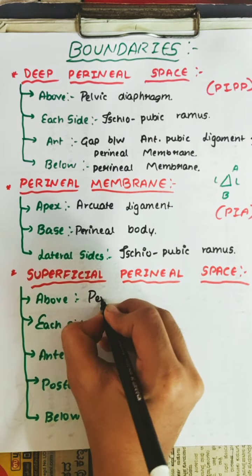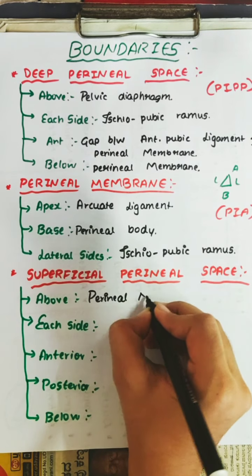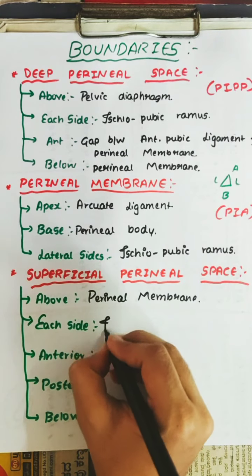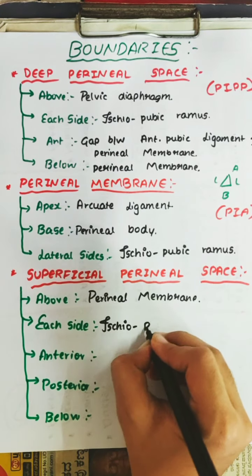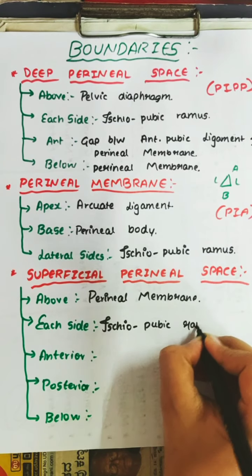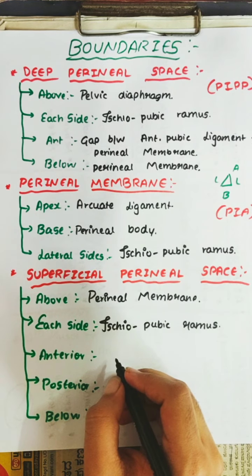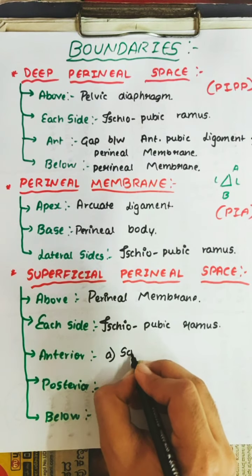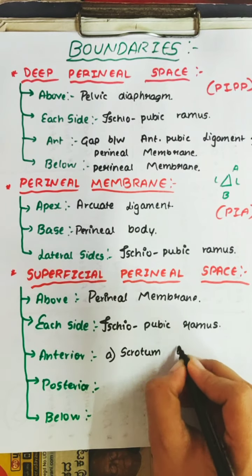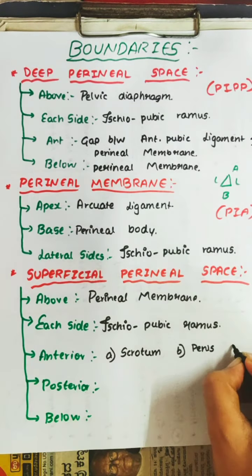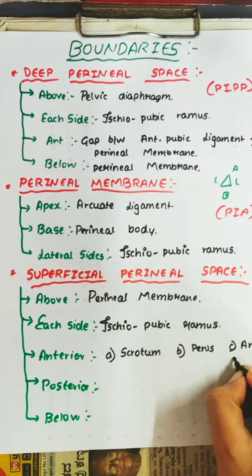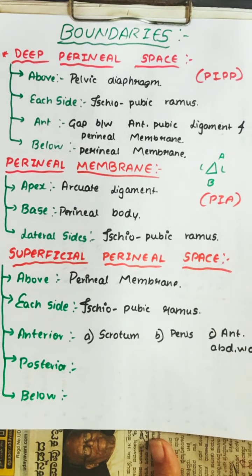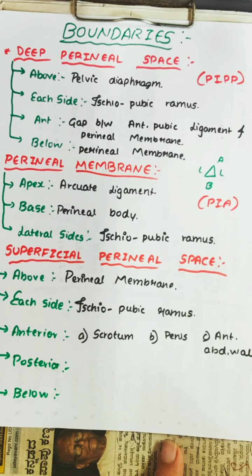Above there will be the perineal membrane. I'll write it and show it in the diagram. So the perineal membrane. On each side there will be the ischiopubic ramus, and on the anterior side there is a space which has the scrotum, the penis, and the anterior abdominal wall.